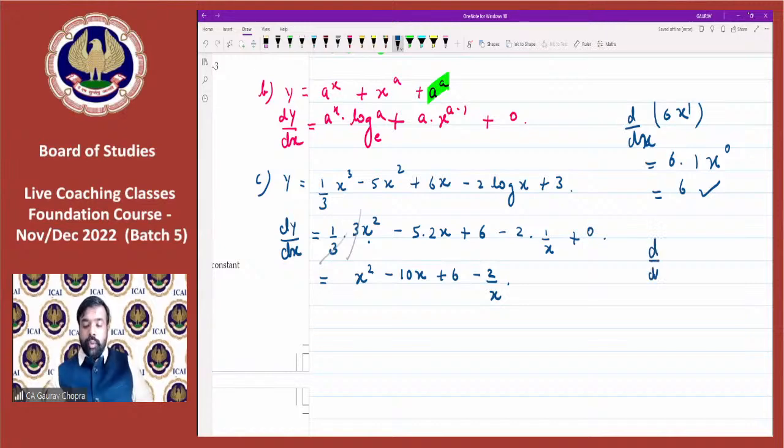Similarly, अगर आपको d by dx calculate करना है for 10x, it will be simply 10. 10x का डेरिवेटिव कितना होगा, only 10. 20x का डेरिवेटिव कितना होगा, 20. That's simple. Okay. So in this manner we can calculate.